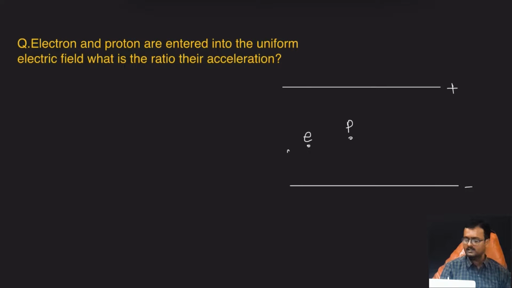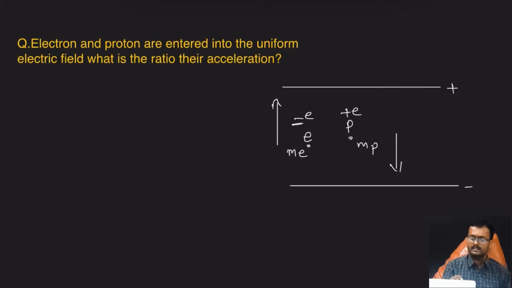Mass of electron is me, mass of proton is mp, charge of electron is minus e, charge of proton is plus e. The negative charge moves towards the positive plate, so the electron moves along this direction, and the positive charge moves towards the negative plate, so this moves along this direction.